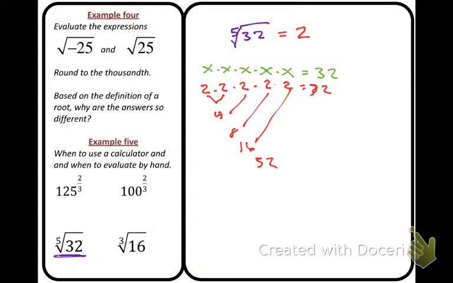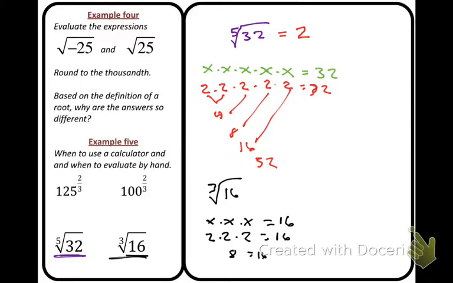Simple math. And looking at the last one here, the 3rd root of 16. If you just look at the previous problem, you can kind of get the answer already. We need a number times itself three times that equals 16. Let's see, that's 2 times 2 times 2. Does that equal 16? 2 times 2 is 4, times 2 is 8. Nope, so that doesn't work.